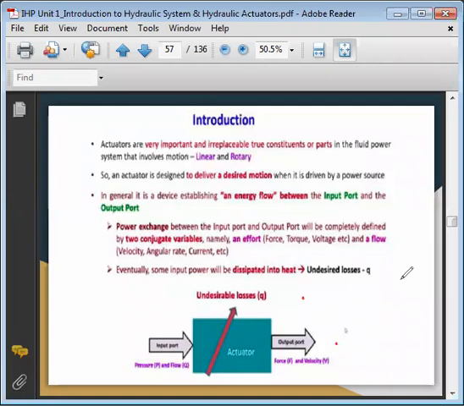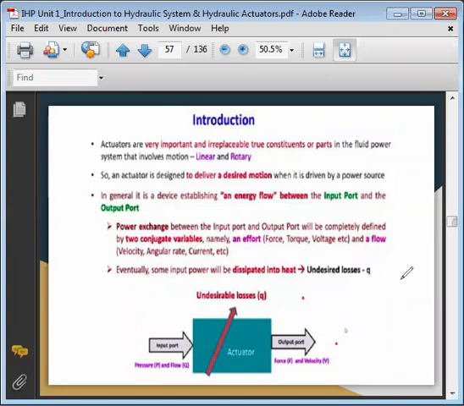Based on that, actuators are categorized into two groups. One is the linear actuator, and as I already mentioned in the introduction, linear actuators are also called hydraulic cylinders.